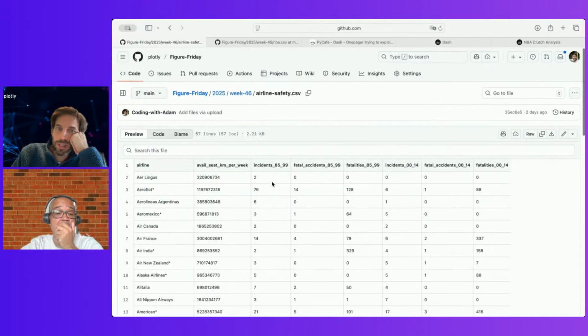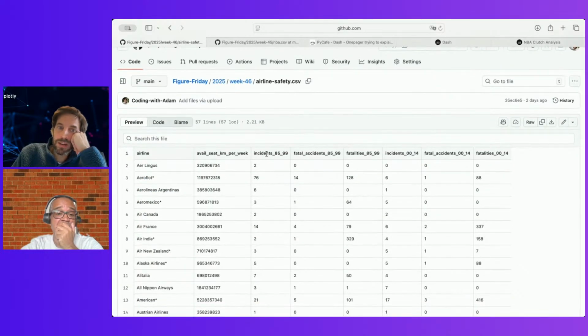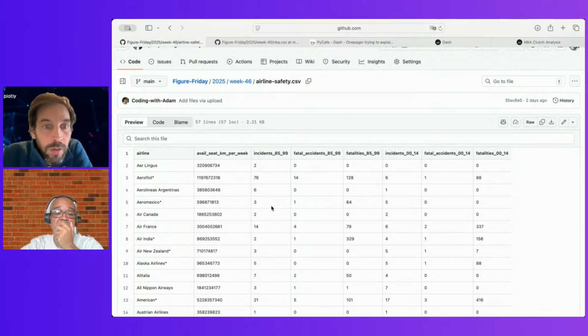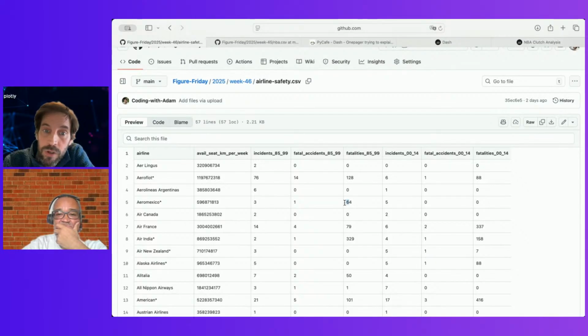It shows the number of incidents that each airline has. Let's take a look at Aeromexico, for example. They only had 3 incidents from 85 to 99, about 15 years, but those incidents were fairly deadly. 64 died in 3 incidents, while Air Canada had 2 incidents but no deaths.